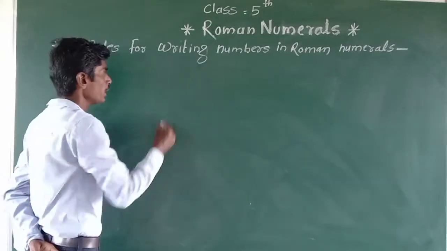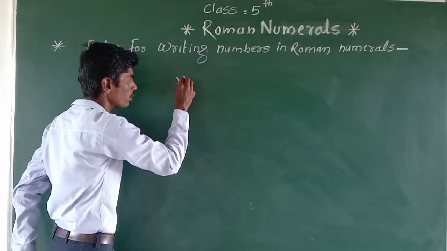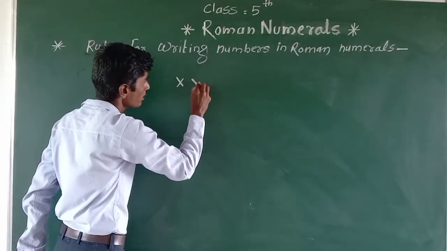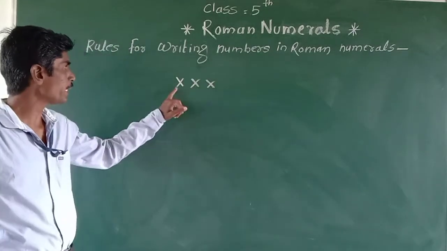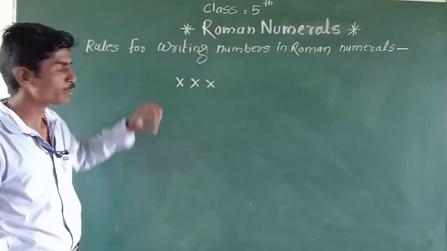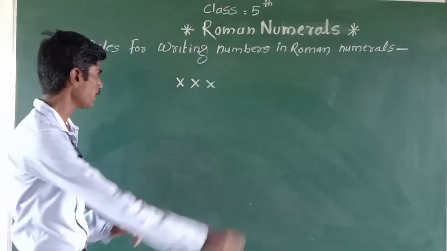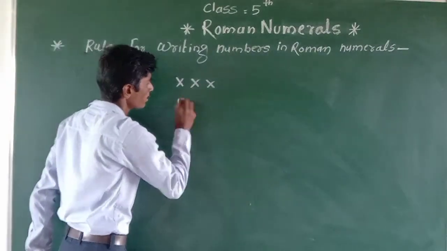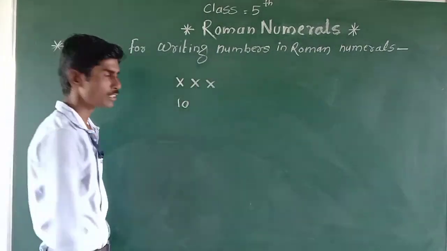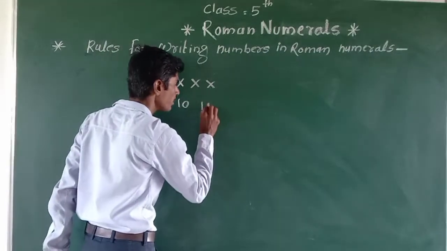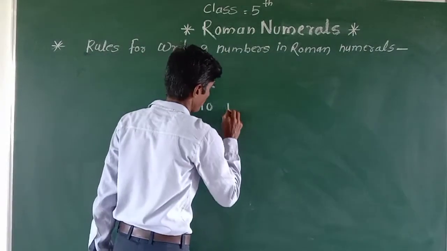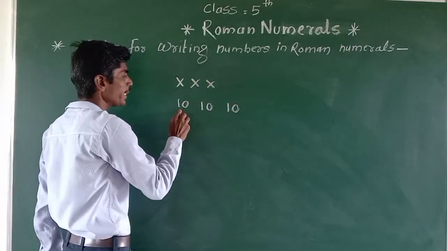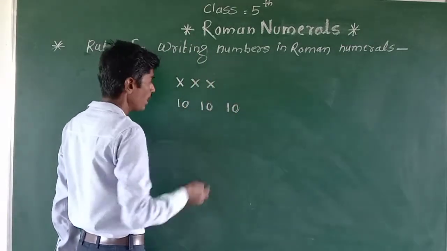If the symbol X is repeated three times, X means 10, another X is also 10, and the last X is also 10.